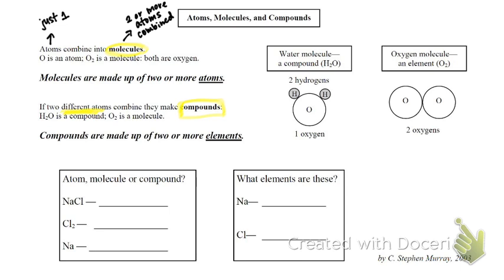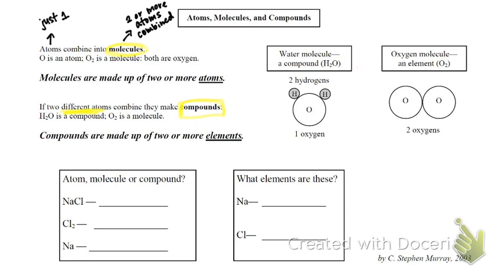So H2O is a compound. O2 is just a molecule. Compounds, when we're talking about atoms here, are always made of 2 or more elements. The atoms are what we call our elements. All of the different boxes on your periodic table are the different elements. Okay?